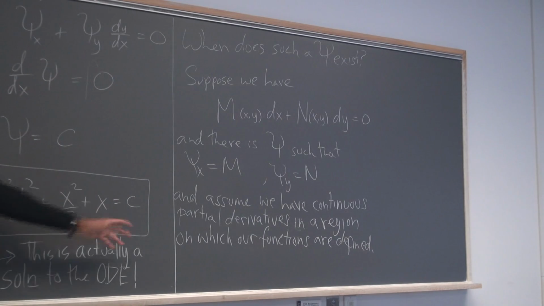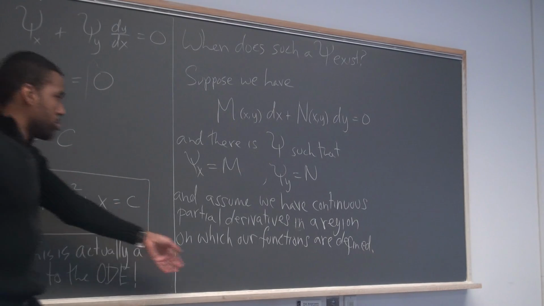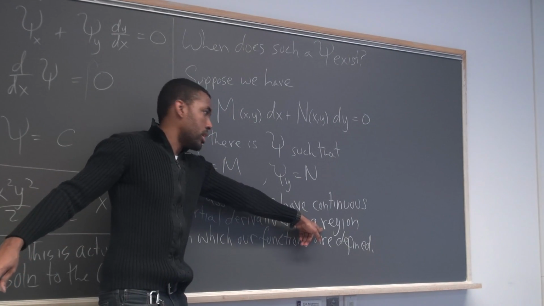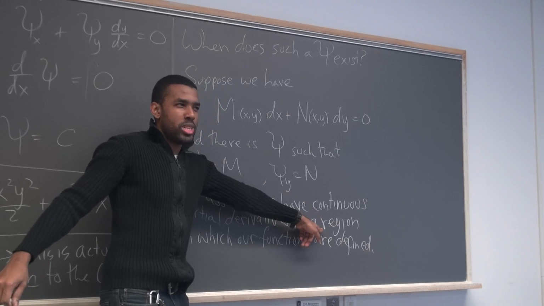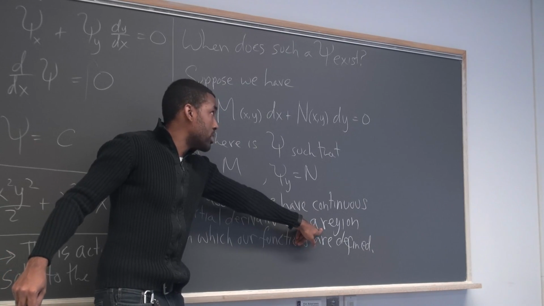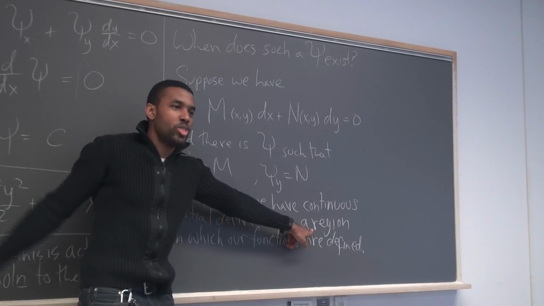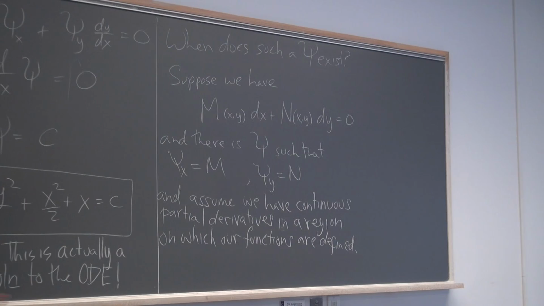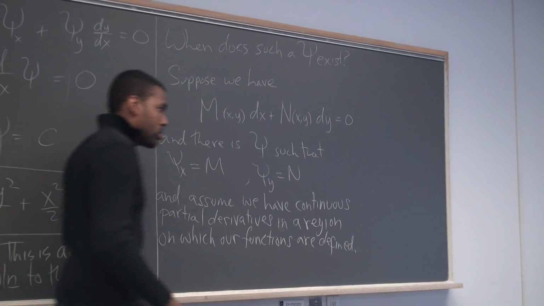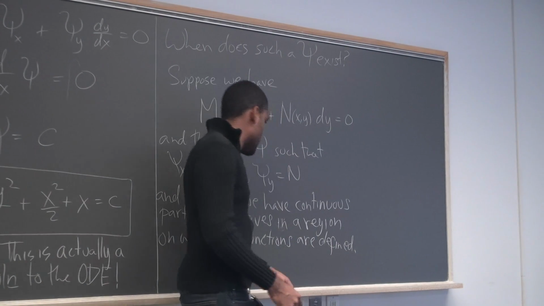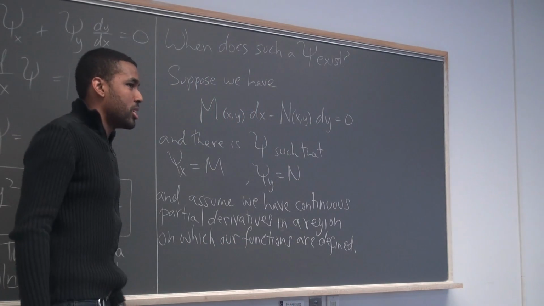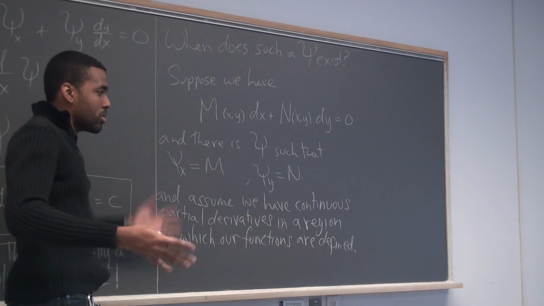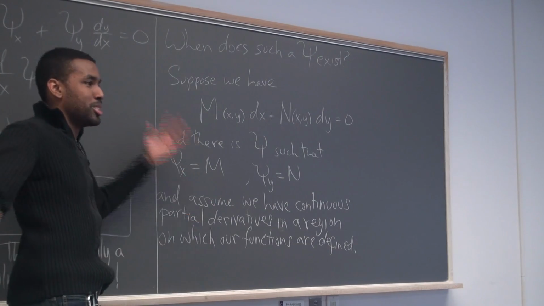Now I'm sort of packing a lot into the sentence, but I have to say it. By region, specifically, I mean a simply connected open set. In this class, we don't really care much about that, and you can pretty much assume that whenever something like this happens, you have this requirement fulfilled in the background. If you do 392, they'll talk about it a little more, but in 391, we don't care about it too much, because this is sort of an engineering math class.